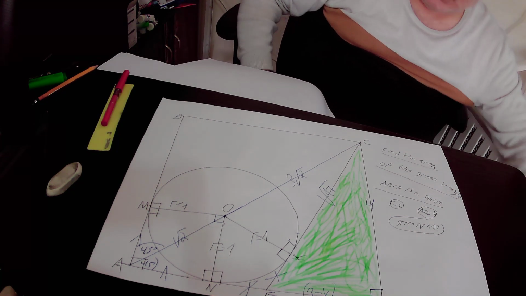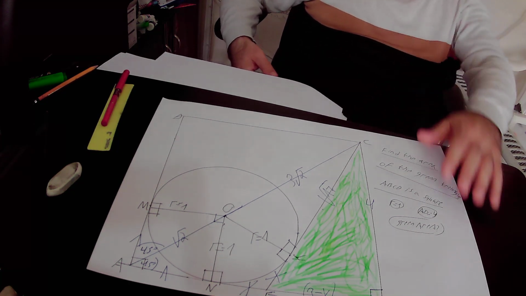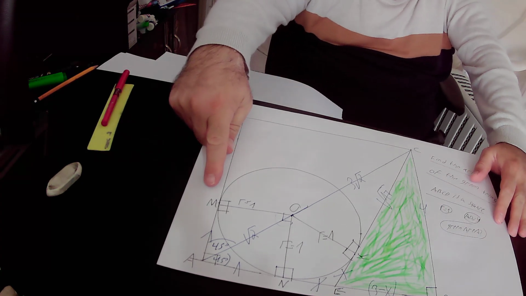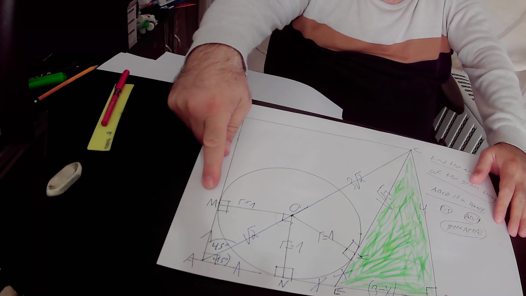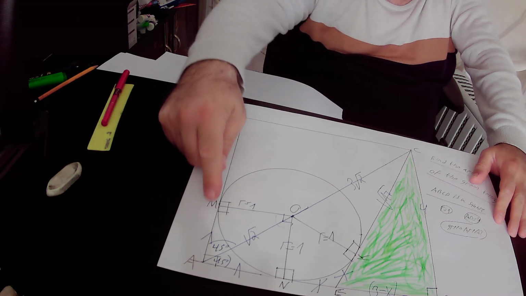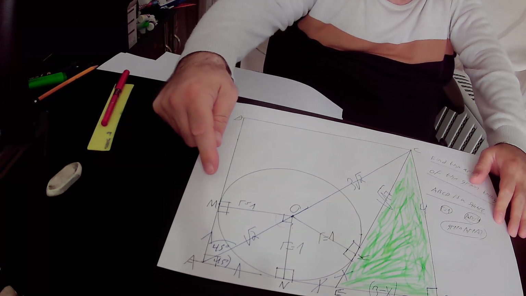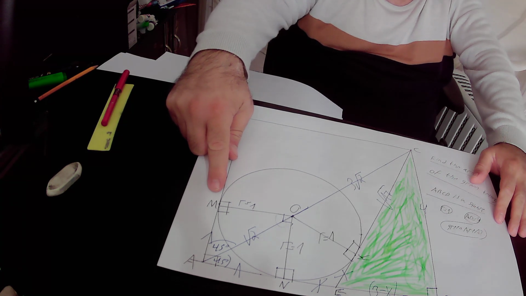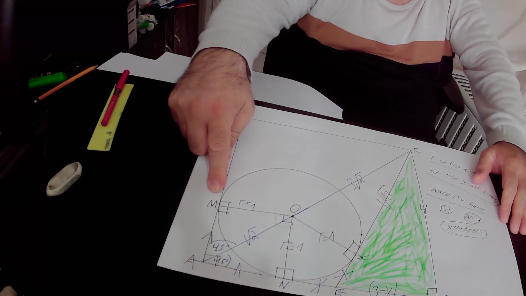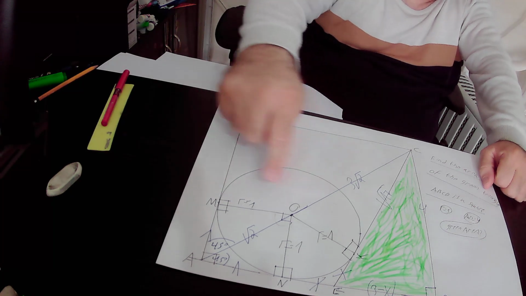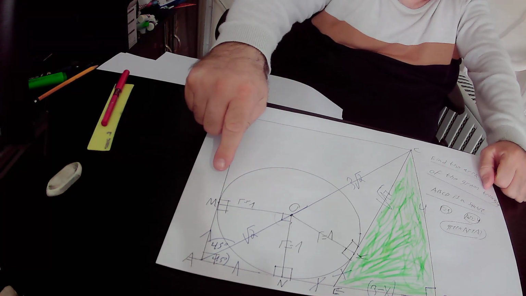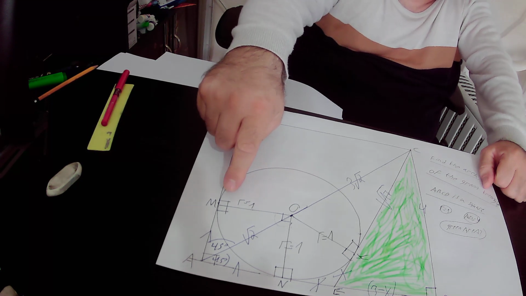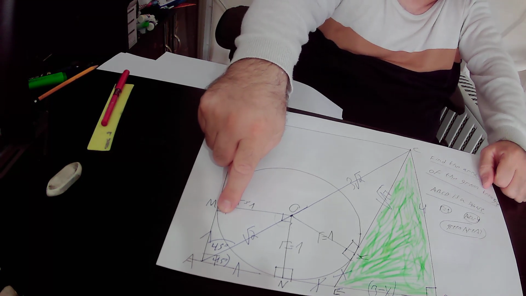Here we know that the point of tangency is point M. Tangent AD is tangent to this circle at point M, and we have this radius that is drawn to the point of tangency, therefore this angle equals 90 degrees, and this angle also equals 90 degrees according to rule number 1.